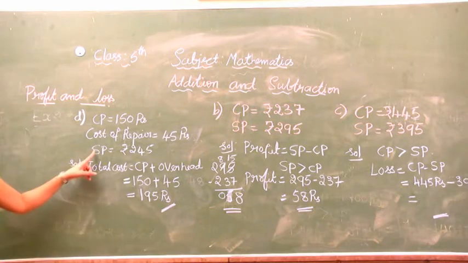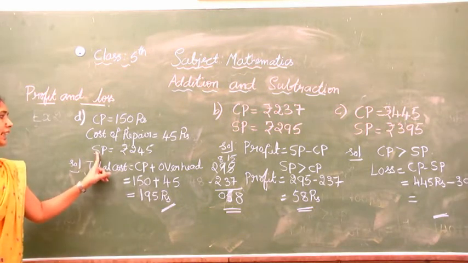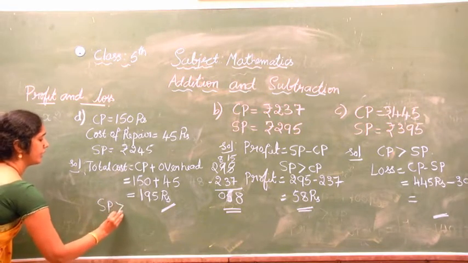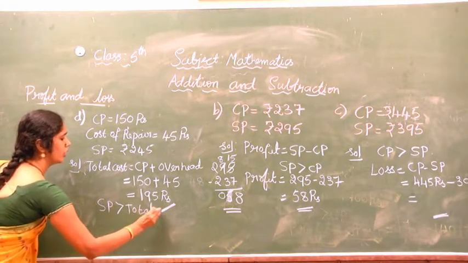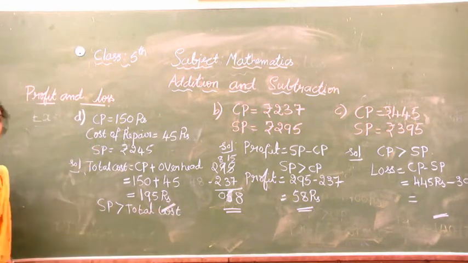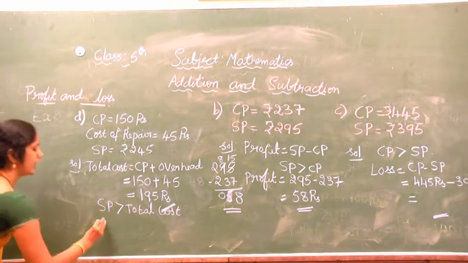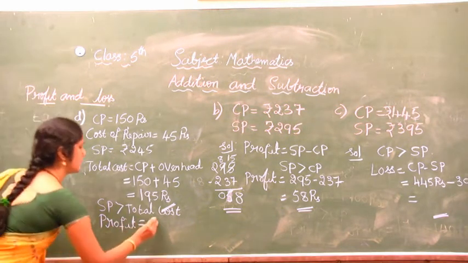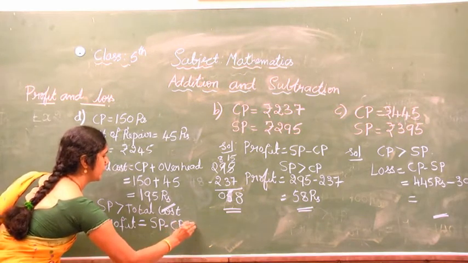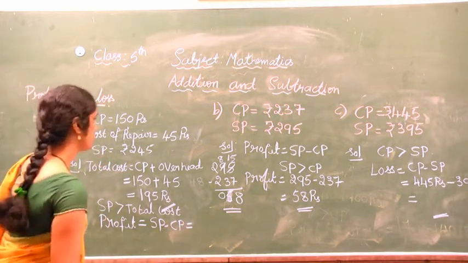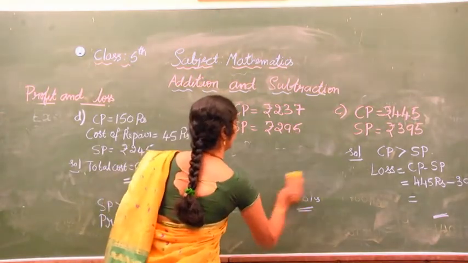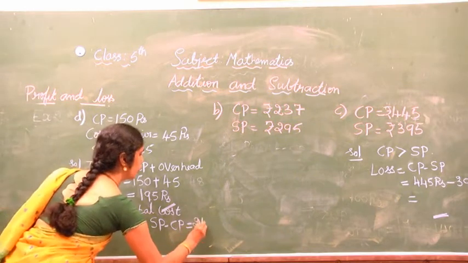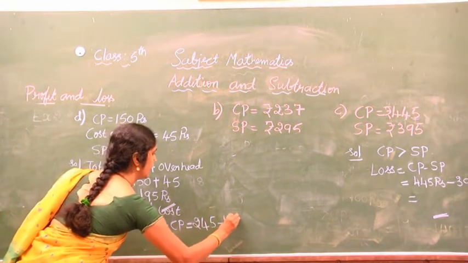Now, selling price is greater than the total cost. So what you will get? Yes, you are right. You will get profit. Profit equal to SP minus CP. What is SP here? 245. 245 minus 195.